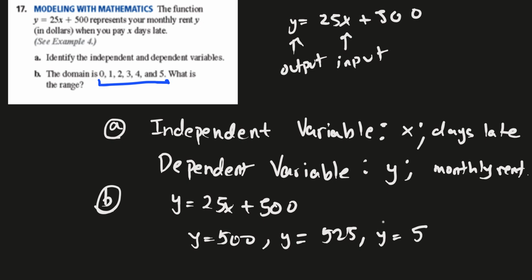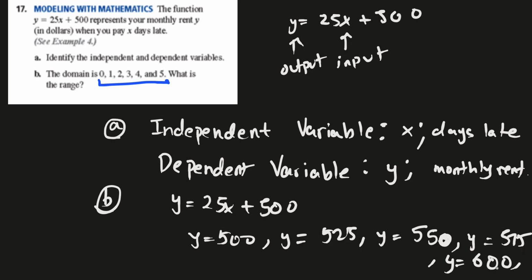And we know what's going to happen. It's just going to increase by 25 each time, right? That's the cost if you pay it late. And we're going up until 5. So 3 is, not 600, 575. And then y equals 600. And we need one more.